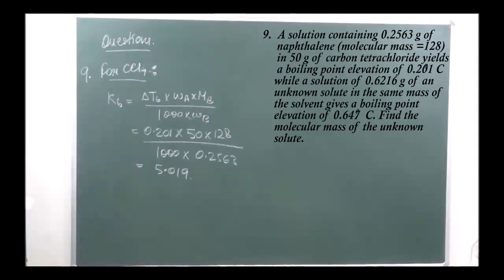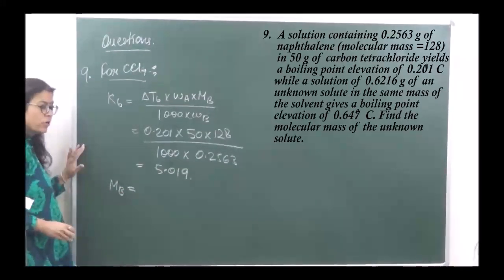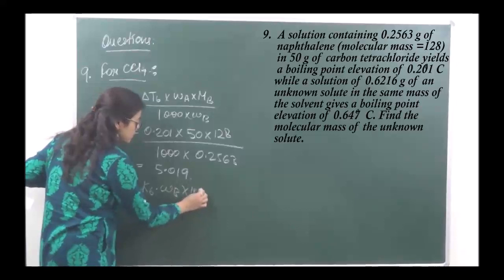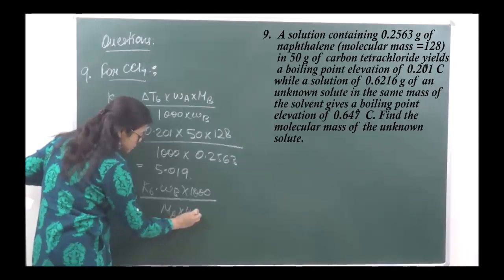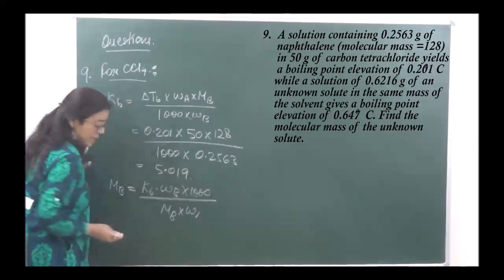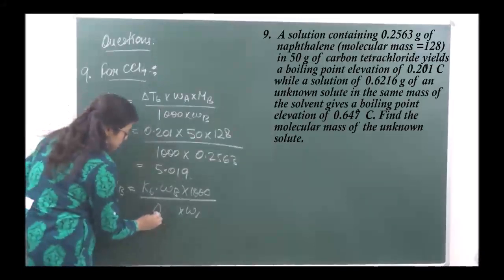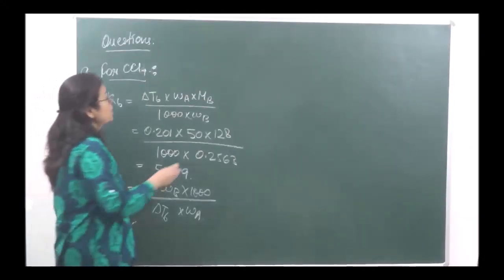Then let's go on to the second part. Kb can be used in the second part to calculate the molar mass because Kb is not going to change. Okay, so let's put the formula for the molar mass. That is going to be equal to Kb into 1000 into Wb upon delta Tb into Wa.